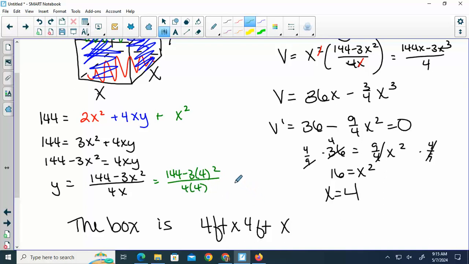So we get 144 minus 48, so 96 over 16, so 6 feet. So if I ask for maximize or minimize, you have to get an equation with only one variable and do your derivative equal to 0.